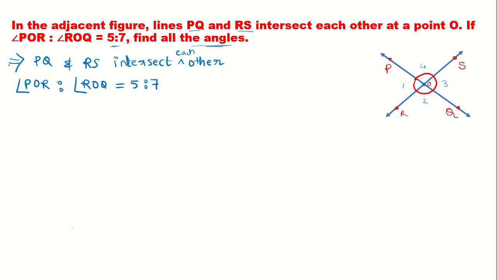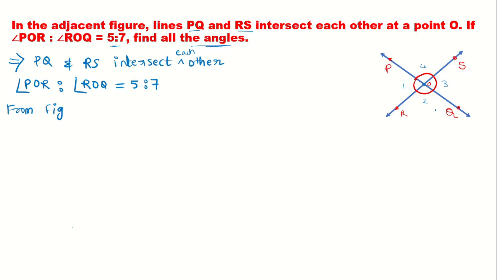Okay. So, from the figure, as you can see, PQ is a straight line, right? So, we can move to the topic linear pair of angles.